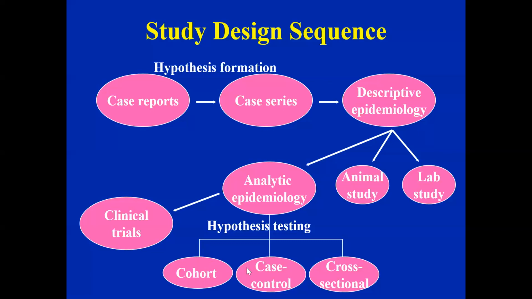Or you can do it as a case control, where you have cases of deaths and the control is someone who survived. Then you go back and look for the exposures: if they had hypertension, or diabetes, or their age. Or you can do a cross-sectional study where you just describe all the people with corona.